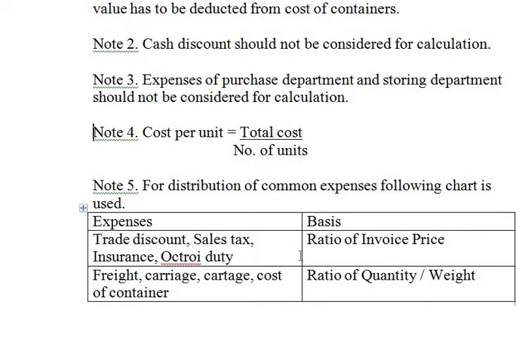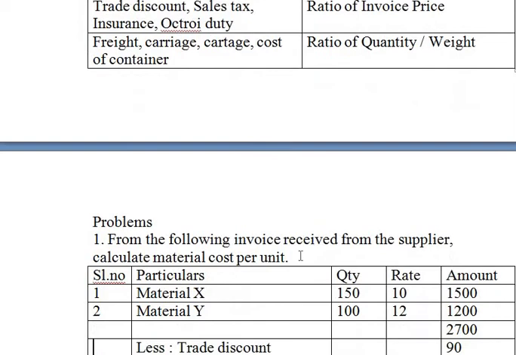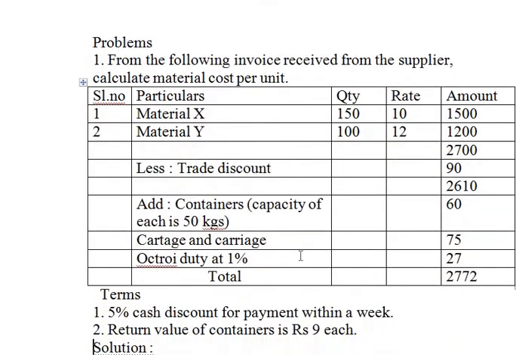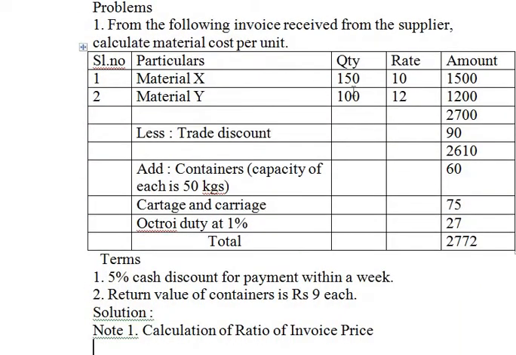Based on this format, we will be solving one problem. First I will read out the problem. From the following invoice received from the supplier, calculate material cost per unit. Here they have given two materials, X and Y. Quantity, rate and total amount are given.